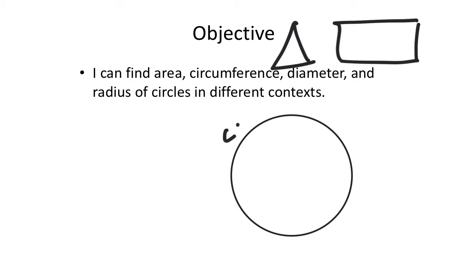So the circumference is kind of the perimeter, well, it is the perimeter of the circle. Circumference. So that's the circumference. It goes all the way around the circle, and that would be the perimeter, right?